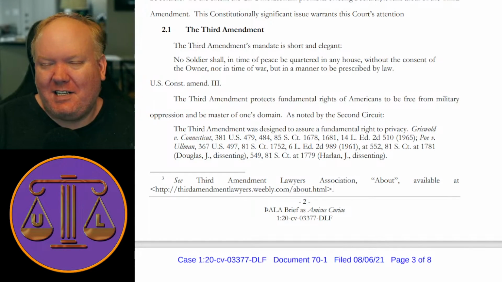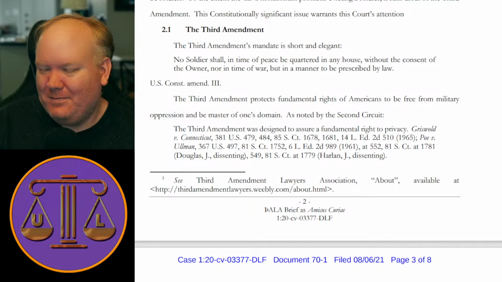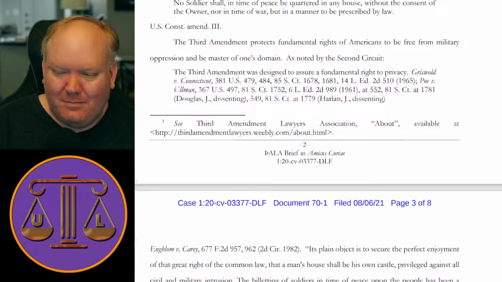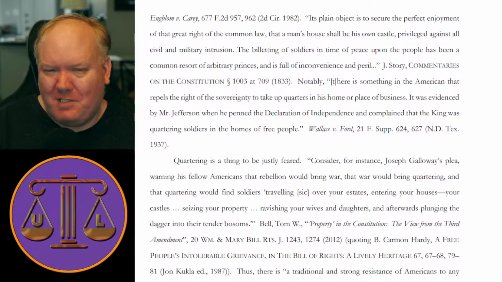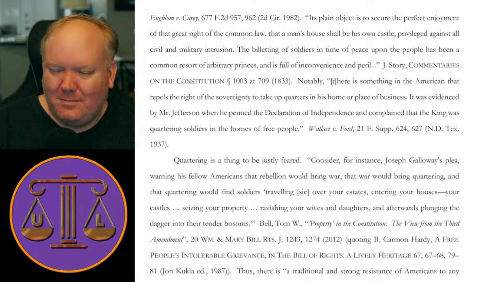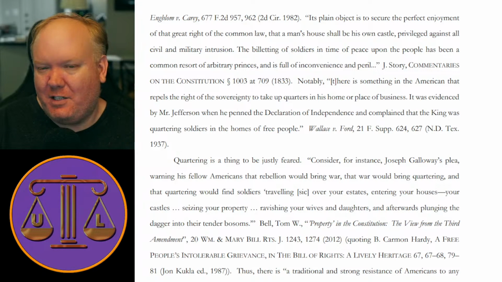The Third Amendment protects fundamental rights of Americans to be free from military oppression and masters of one's domain. The Third Amendment is designed to assure fundamental right of privacy. Its plain object is to secure perfect enjoyment of the greater right of common law, that a man's house shall be his castle, privileged against all civil and military intrusion.